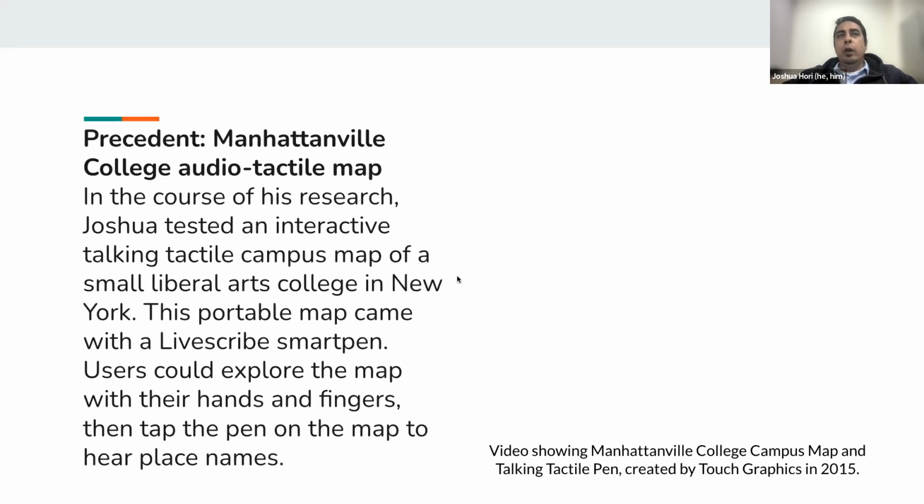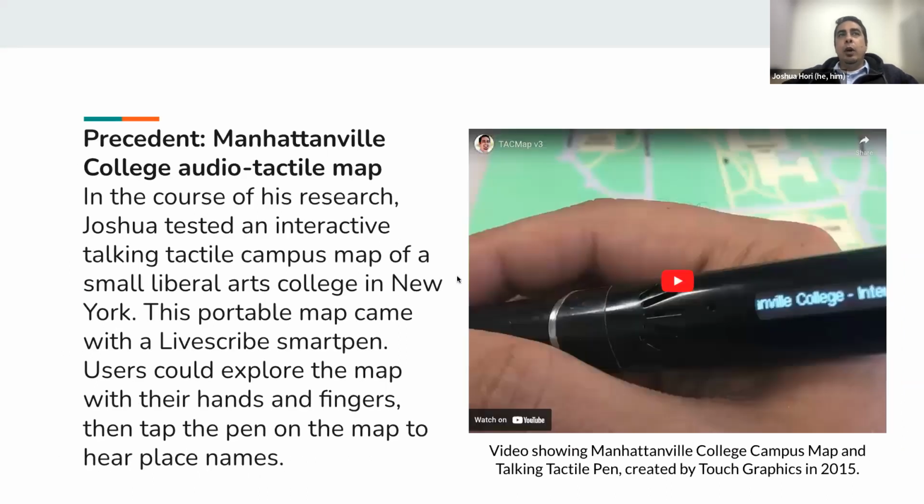One of the ones that we looked up was from a company called Touch Graphics, who creates a lot of tactile graphics and integrates it with the LiveScribe smart pen. There wasn't a lot of braille on there, it wasn't very busy, and you could make a lot more information available to our blind users in audio than you could with braille.